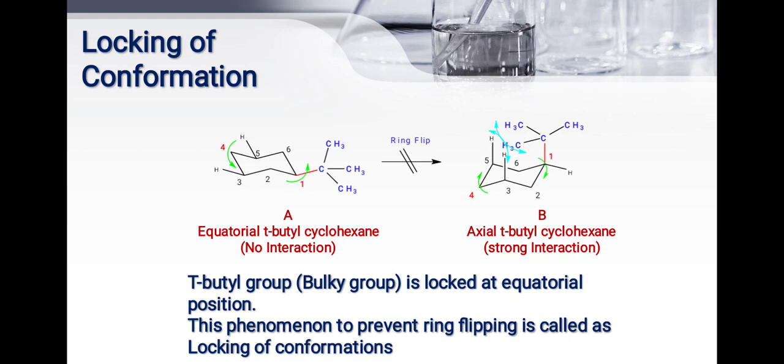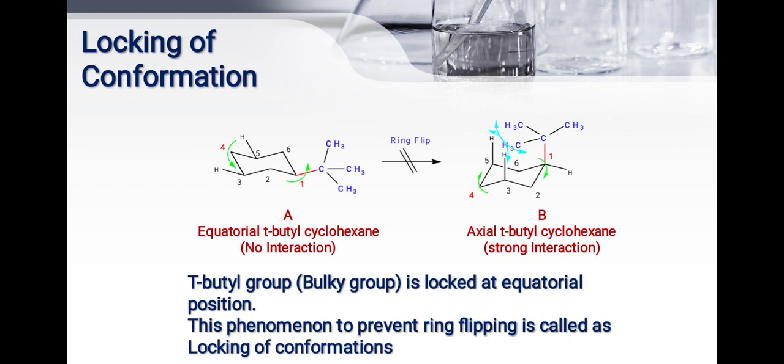In exam, one question is always asked on this topic. So always remember, tertiary butyl group is a very bulky group. So this bulky group is always present on the equatorial position, and when that group is present on the equatorial position, ring flipping is prevented, or ring flipping does not occur, and this is called a locking of conformation.